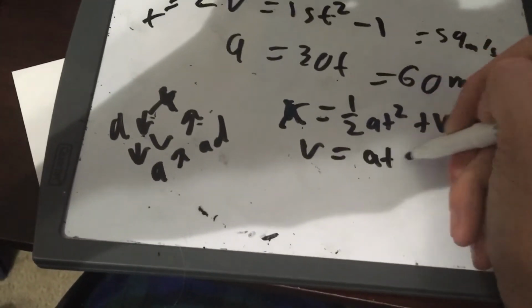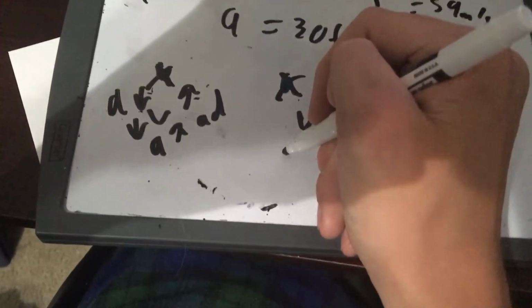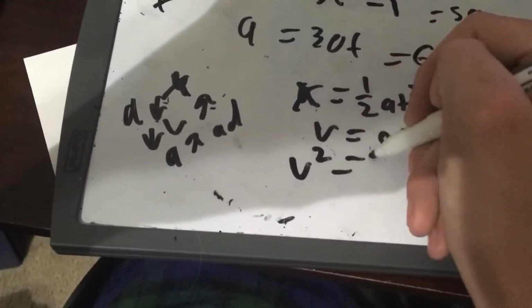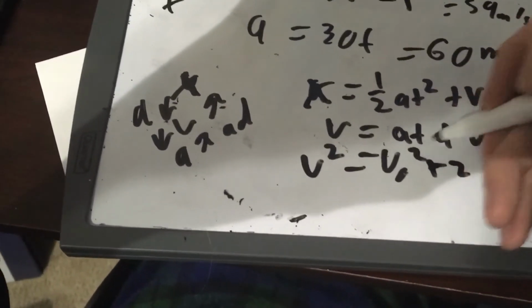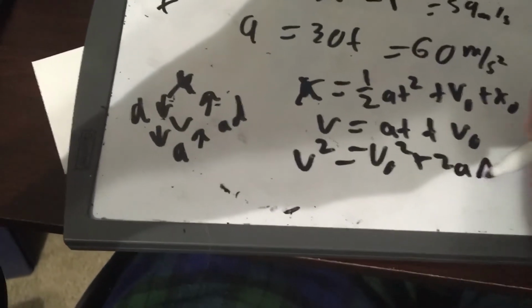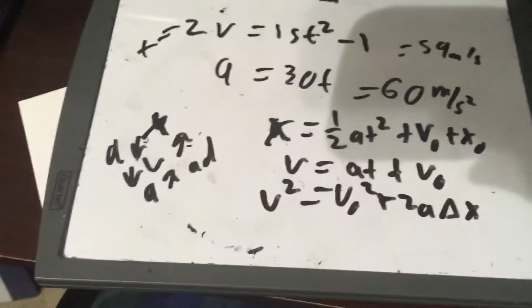Velocity equals acceleration times time plus initial velocity, and velocity squared equals initial velocity squared plus 2a delta x.